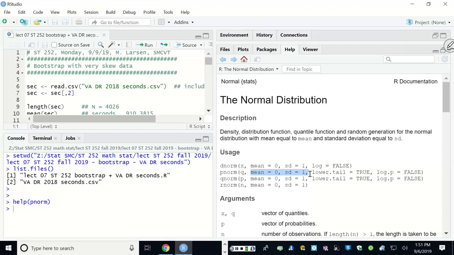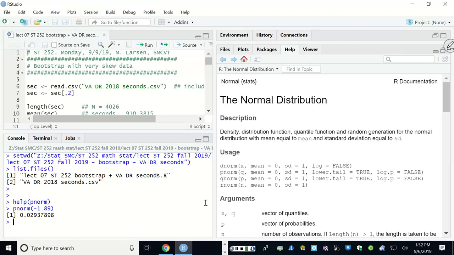Or you can standardize it yourself. By default, it does the lower tail, so less than or equal to something. So you can either do 1 minus that to get the chance above it, or you can tell it lower.tail equals FALSE, and it will go upward. So let's take a look. If I wanted the probability, pnorm of negative 1.89 is 0.0294. Is that the number I wanted?